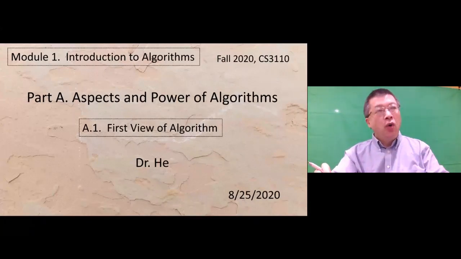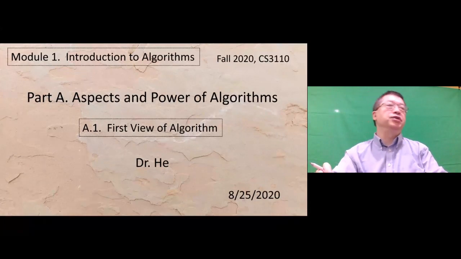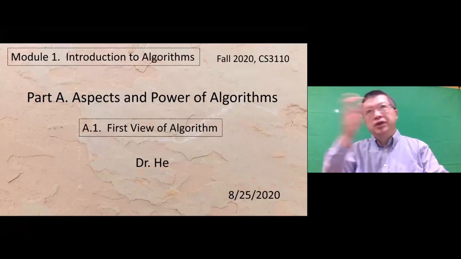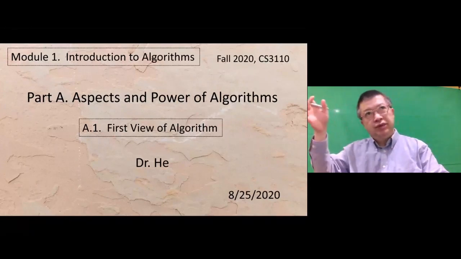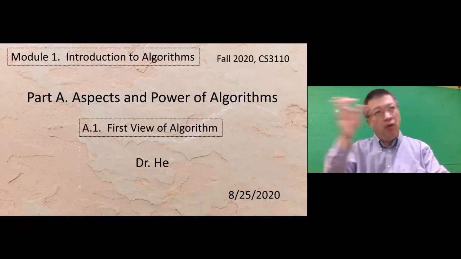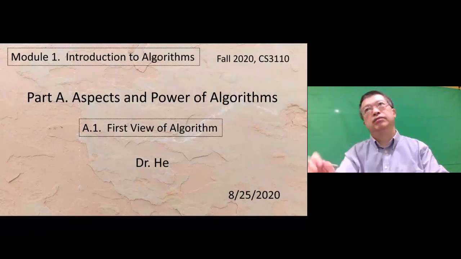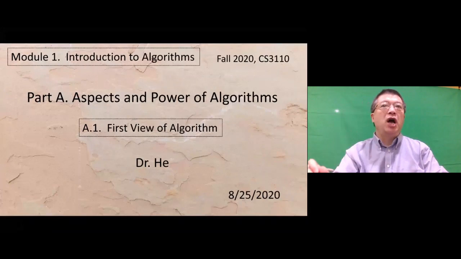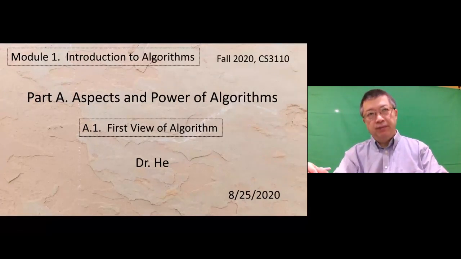So I need to record usually 4 or 5 videos based on the topics. Could be a little more if we have many topics. So today, the first topic, 1.1, first view of algorithms.